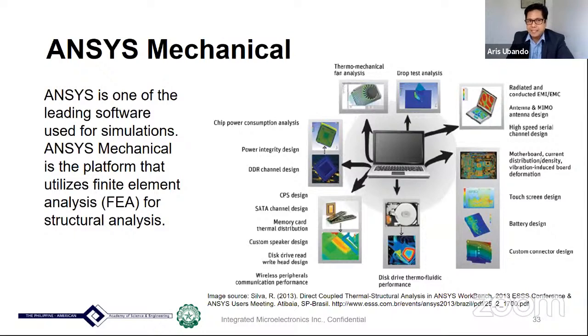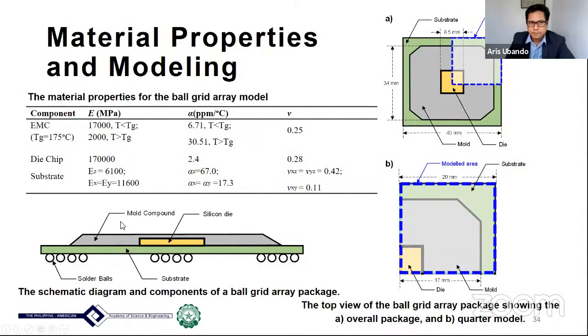In this analysis, we were able to use a commercial package, which is ANSYS Mechanical, which can do finite element analysis applied on structural components. Here are the various components of the BGA. As shown here, we have the epoxy molding compound, which is the EMC, which is the mold compound here.